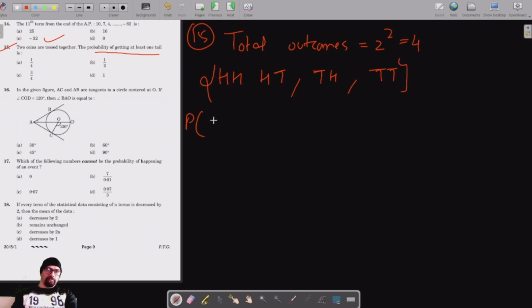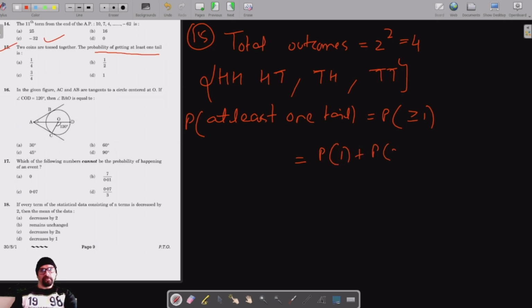Now we have to find the probability of getting at least one tail. Probability of getting at least one tail means the number of tails is greater than or equal to 1. So greater than or equal to 1 means either the tail is 1 or the tail is 2.